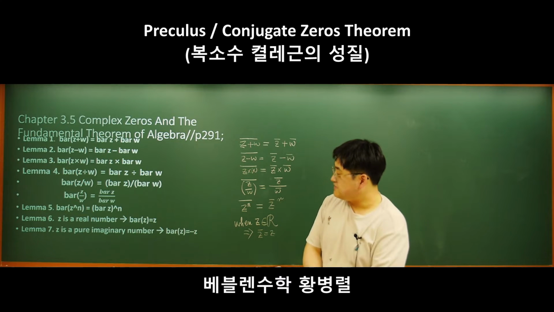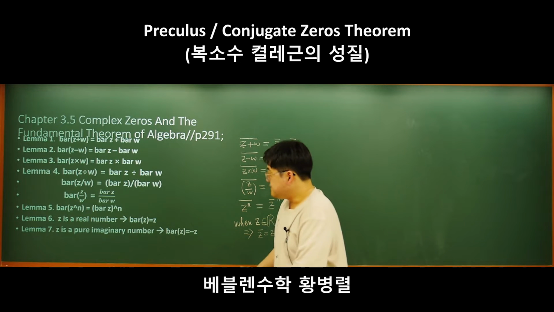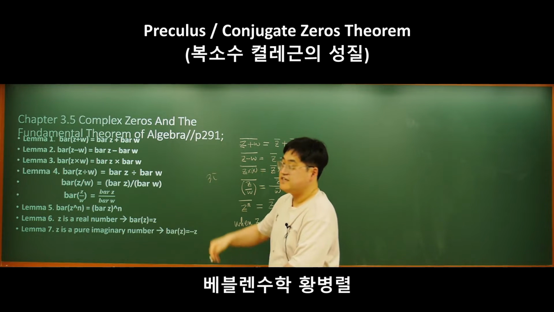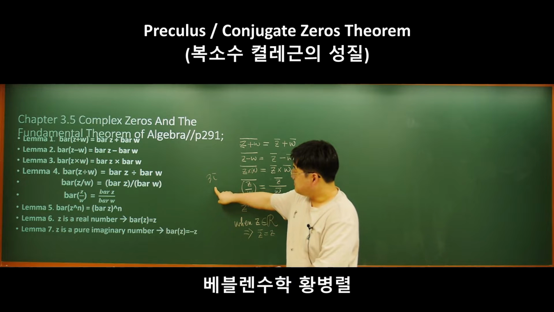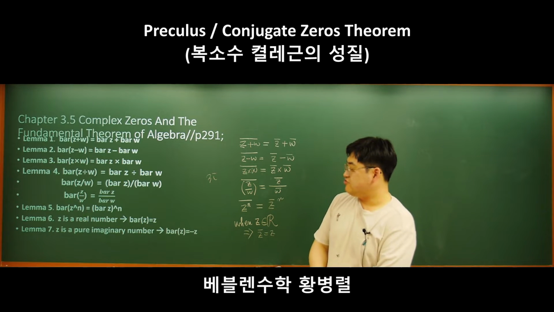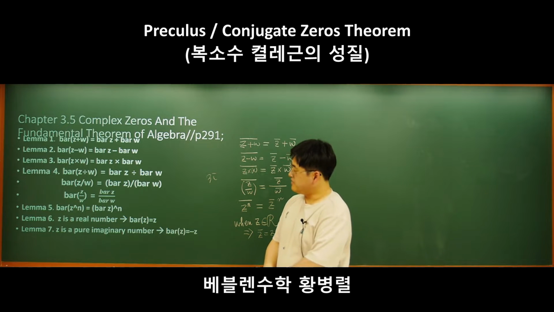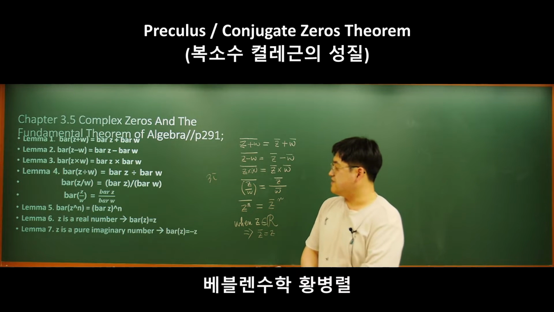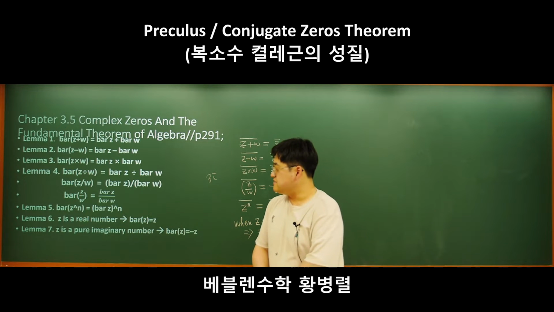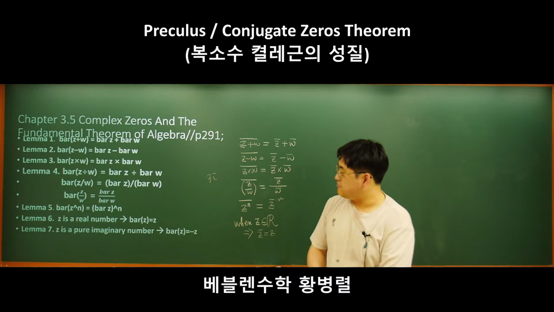And lemma 7, if z is a pure imaginary number, for example 3i, like this, a general analog of this number is called a pure imaginary number. In other words, z is a pure imaginary number when the real part of z is 0.